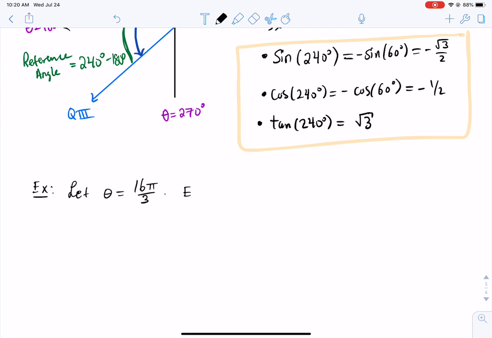Evaluate sine of theta, cosine of theta, tangent of theta, cosecant of theta, secant of theta, and cotangent of theta. Like that. So all the 6 standard trigonometric functions, right?